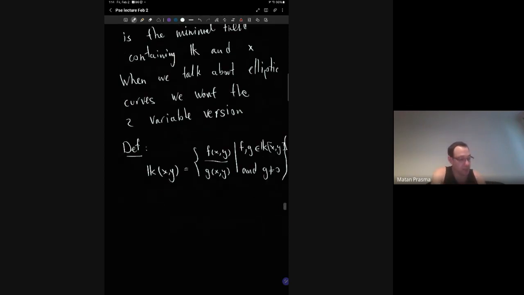And this is again a field, the function field, or also it's called the field of rational functions.